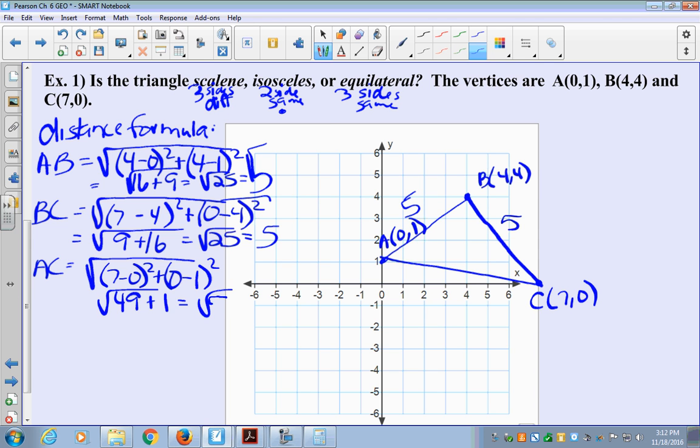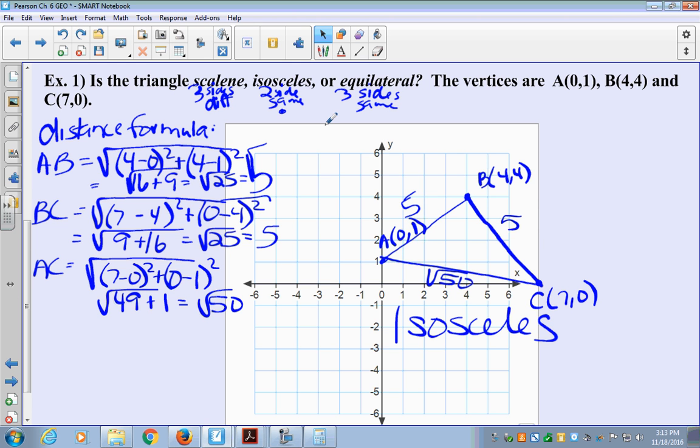And that's equal to the square root of 50, which is not 5, and there's not even any reason to calculate that out. So in this case, we have an isosceles triangle. Yay! Make sure you pause this if you need to write down the rest of the distance formulas.